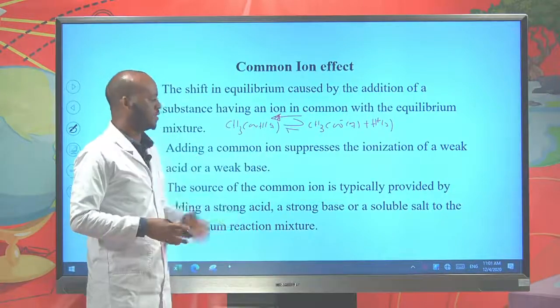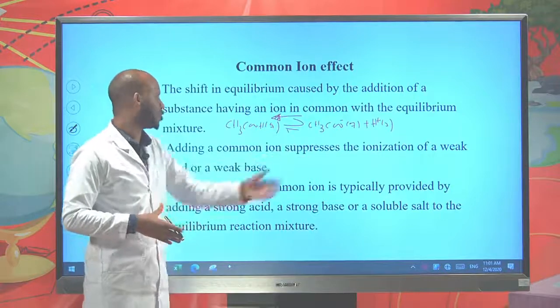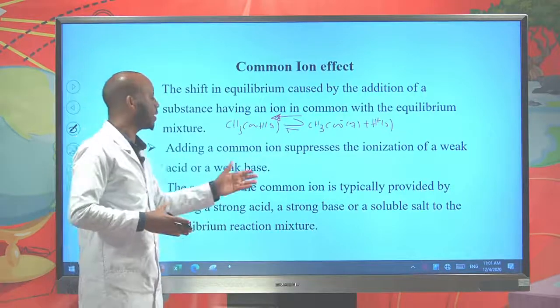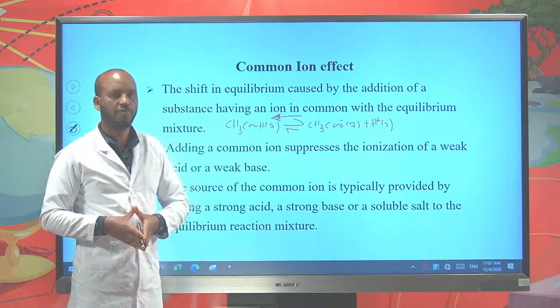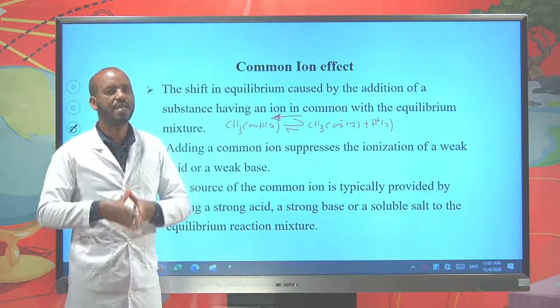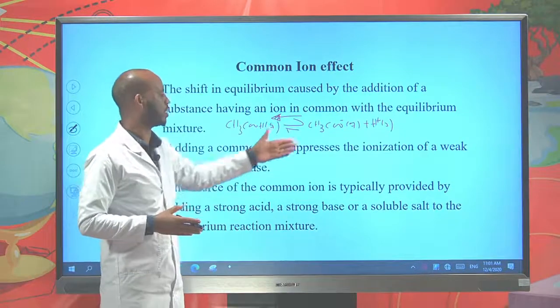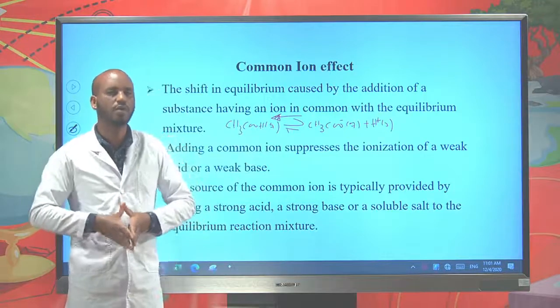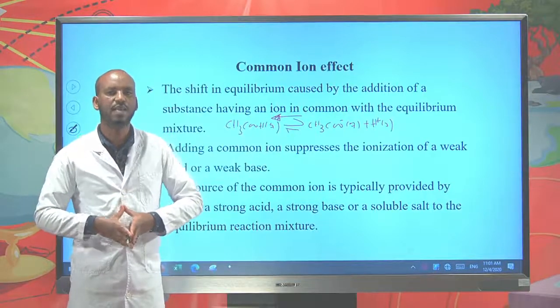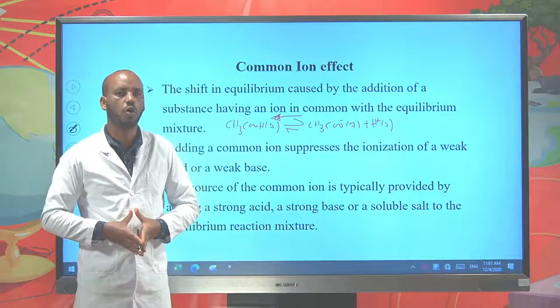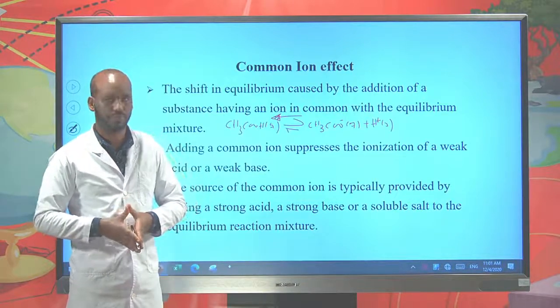Adding a common ion suppresses the ionization of a weak acid or a weak base. If a substance having a common ion is added to an equilibrium mixture of the weak acid or the weak base, then the dissociation of the weak acid or the weak base is suppressed.